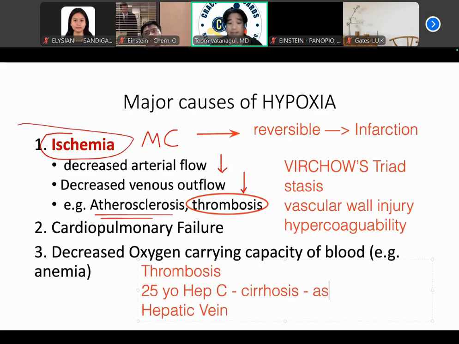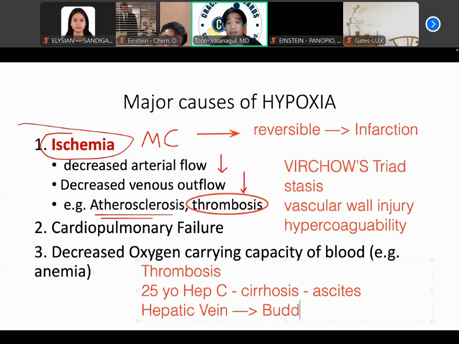So this patient now has ascites. What do we call this syndrome? Thrombosis of the hepatic vein, or hepatic vein thrombosis. This syndrome, which usually presents with ascites, what do we call this syndrome?